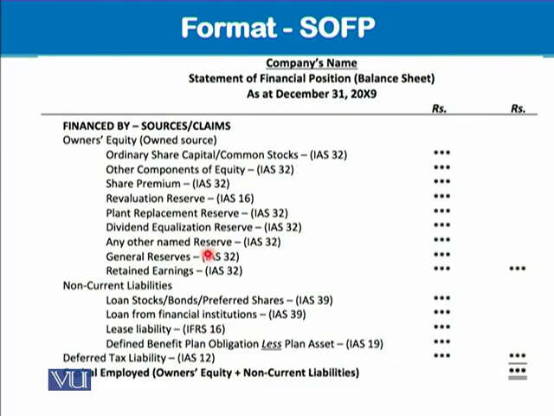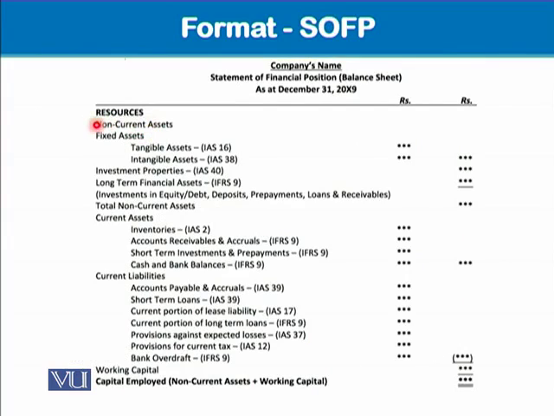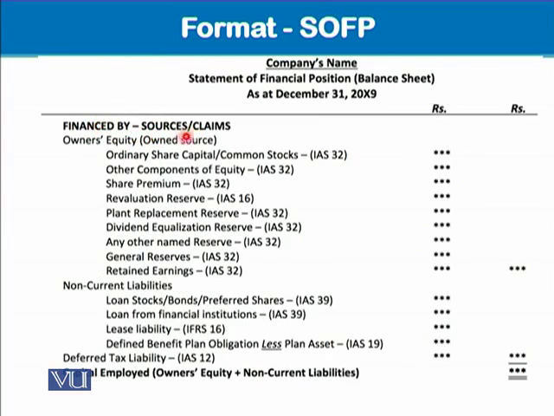Well, the next part of this statement of financial position is the part in which we show that these resources were financed by the sources, which are in fact the claims. The sources of finance or the claims include owner's equity and non-current liabilities. In the owner's equity, as I have told you, there is the contributed capital and the equity generated by the organization for the owners.